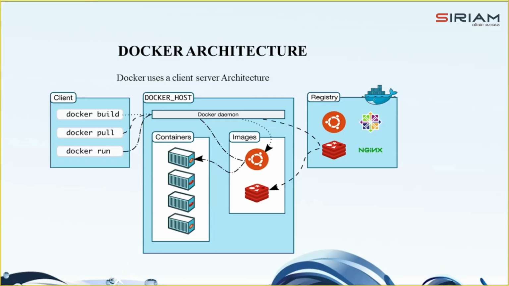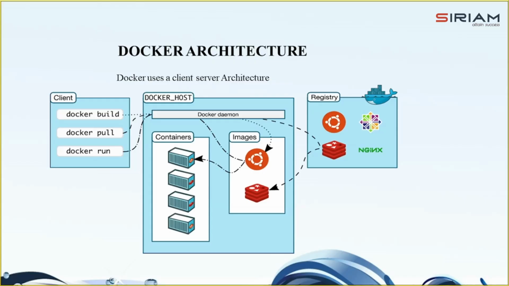Earlier we discussed that the Docker host and Docker client can run on the same system. That is the case with Docker Desktop. Docker Desktop is an easy-to-install application for your Linux or Windows system, or you can even download it on your Macintosh operating system, which enables you to build and share containerized applications and microservices. Right?